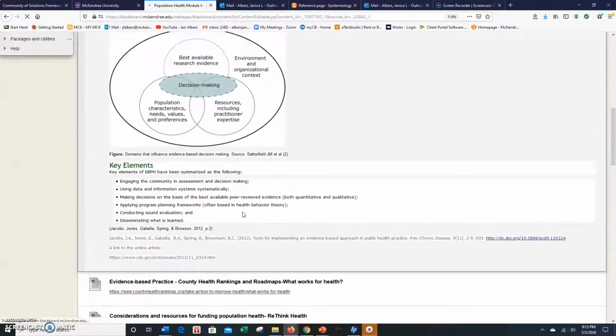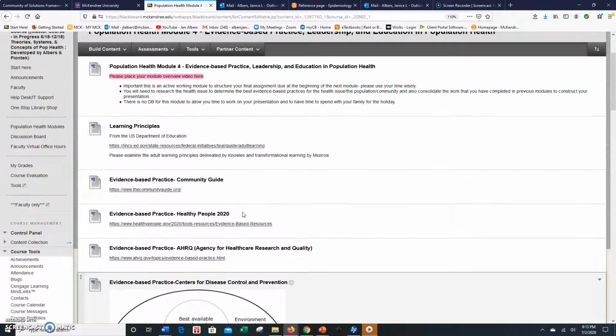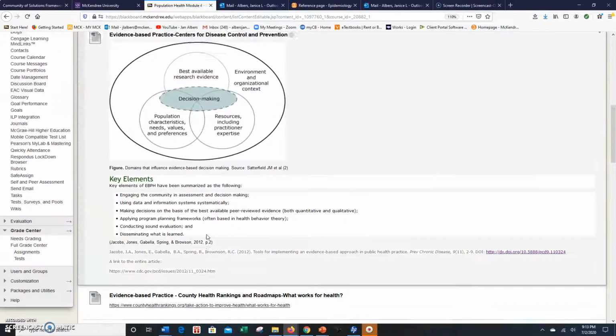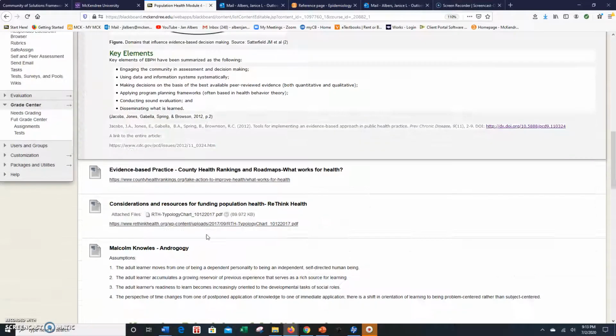So there are quite a few references that are included here as far as evidence-based practice. Of course, there are others, but these are specifically focused on population health-based practice. And these are some of the resources that are high quality and peer-reviewed resources for the students to use.